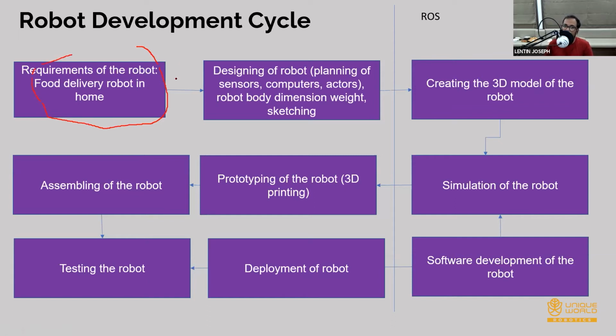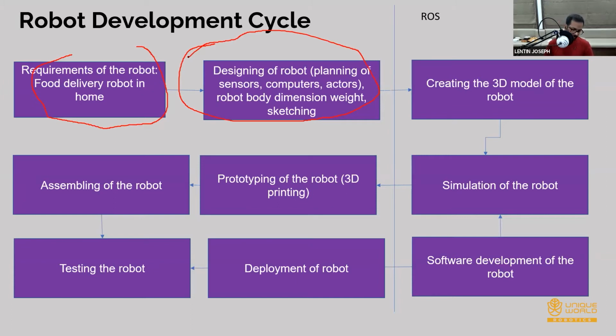Then after getting the requirement, I have to build this robot, right? So either I can buy a new robot. That is a way. But if I'm planning to design, or if I want to create my own robot, the next thing is designing, right? I need to design. For a robot, we already mentioned that it should have sensors, computers, and actuators.